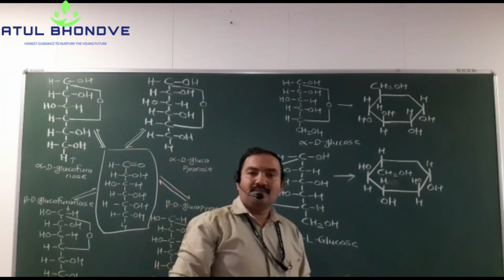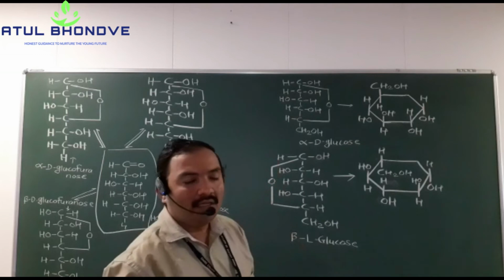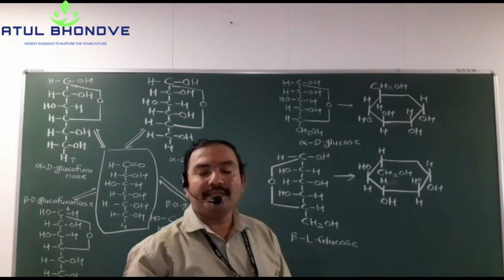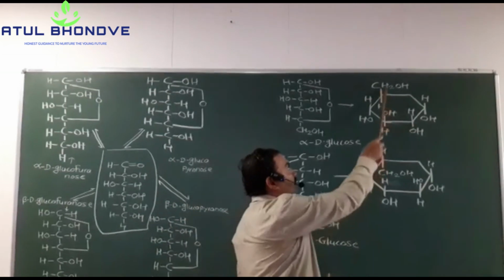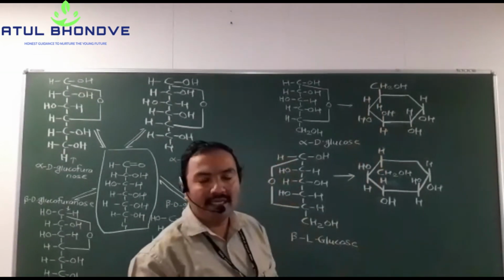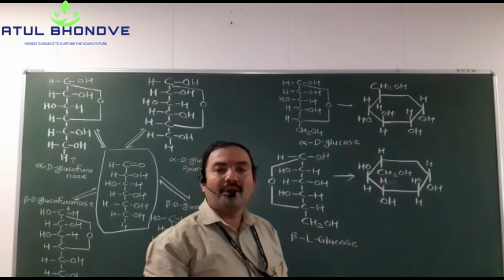Second assumption: the group which is not participating in the ring formation, that is carbon number 6, is represented at the upward position of the plane in the ring structure given by Haworth.